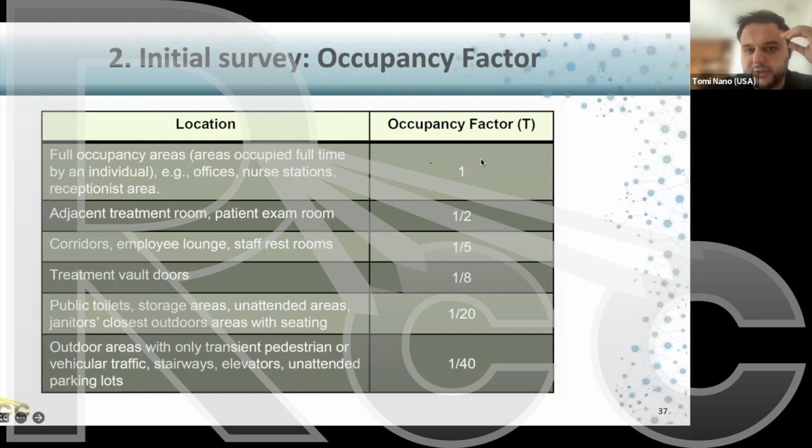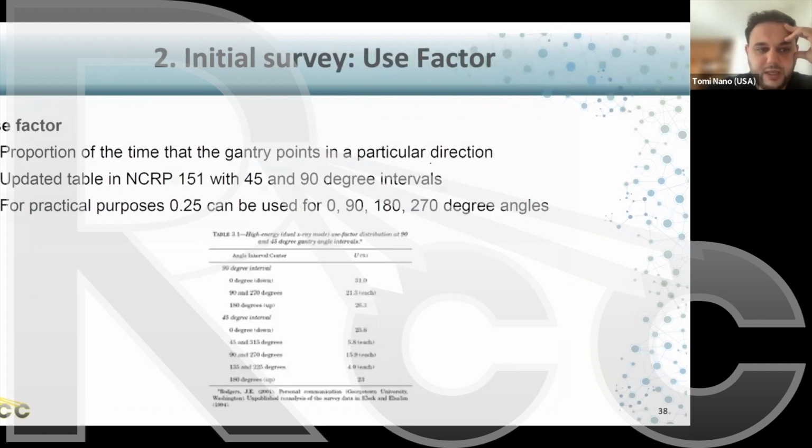So these are the factors that are recommended for us to use in that equation. And use factor refers to not the area, but the wall. So basically, for that particular wall, like that primary barrier, how often do you think it is being used? This depends on your treatment, and NCRP 151 gives us values for what use factor to use.